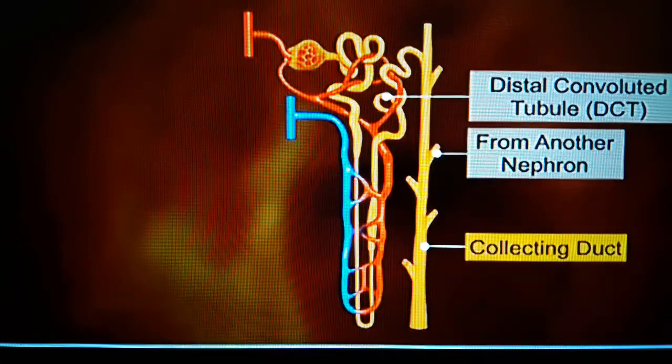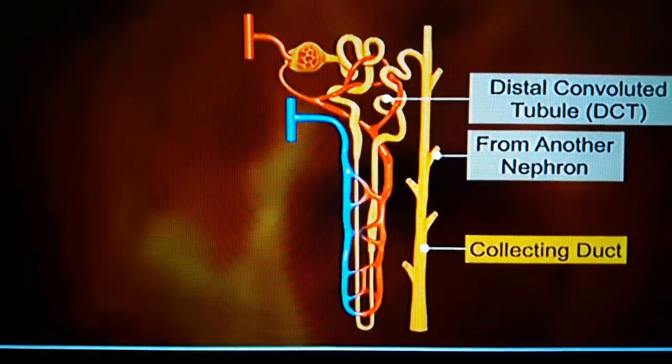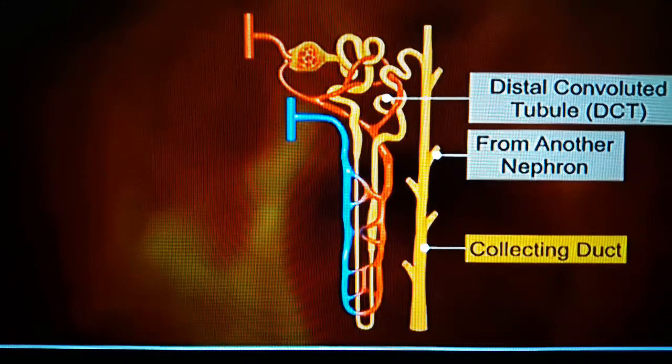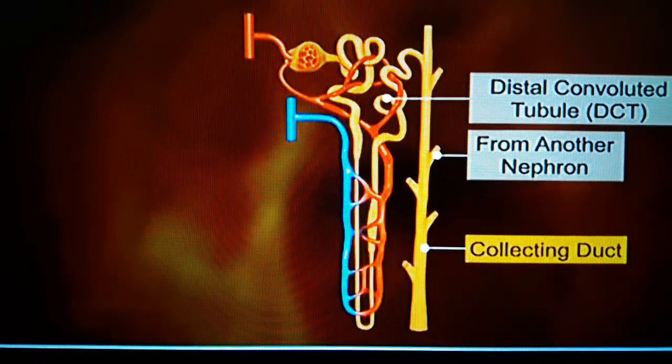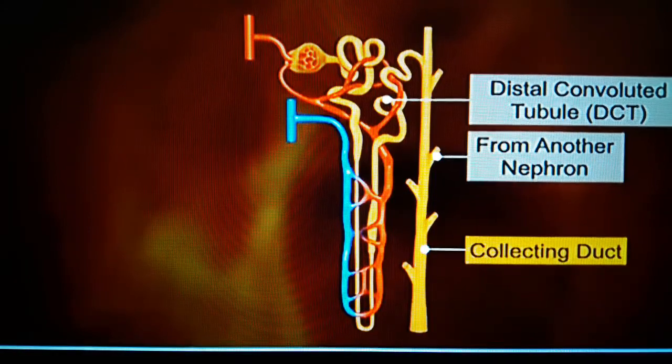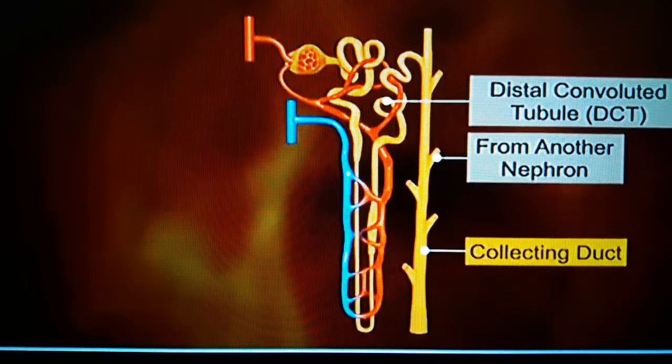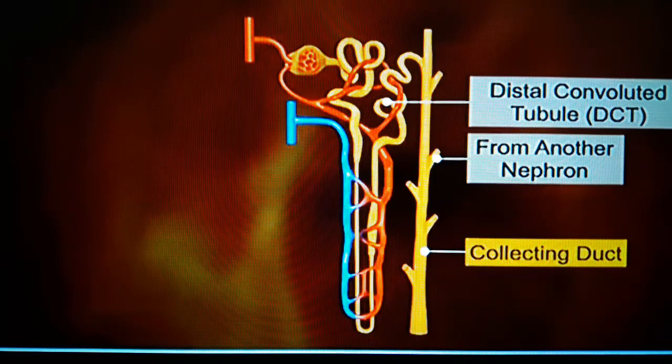Next part is the vasa recti. Friends, you should absolutely understand what vasa recti are. These are parallel, wide, thin-walled and straight capillaries. Just look in the diagrams for two capillaries, artery and veins.